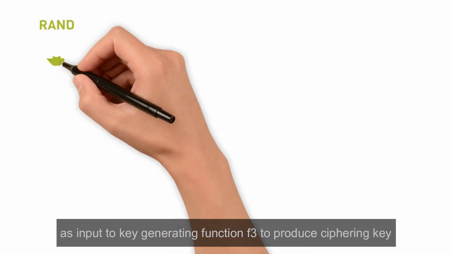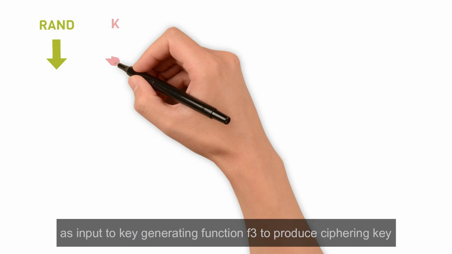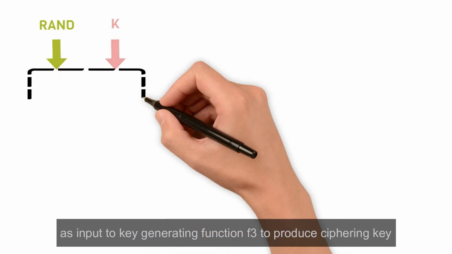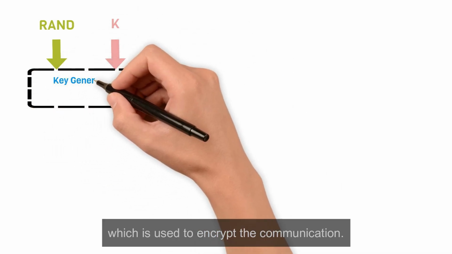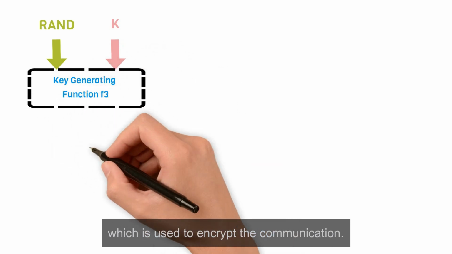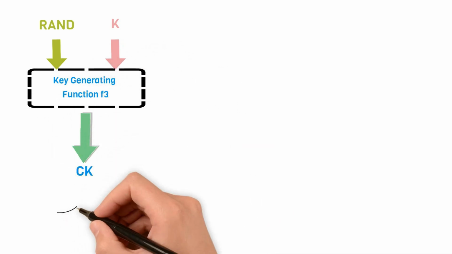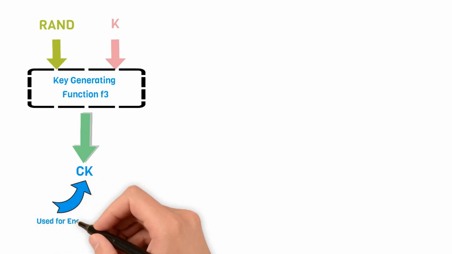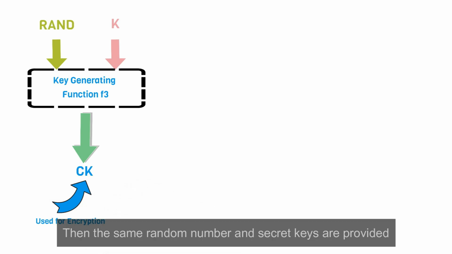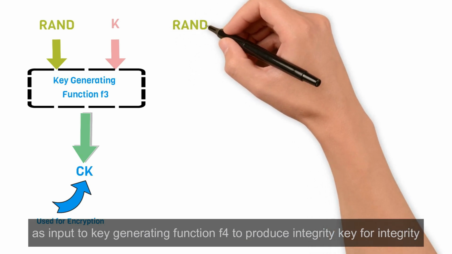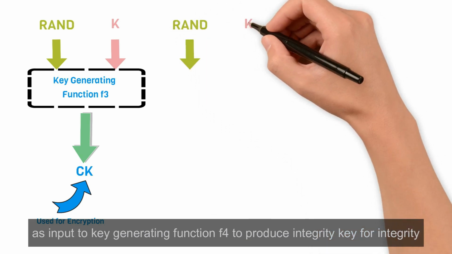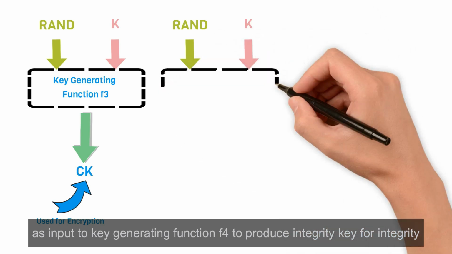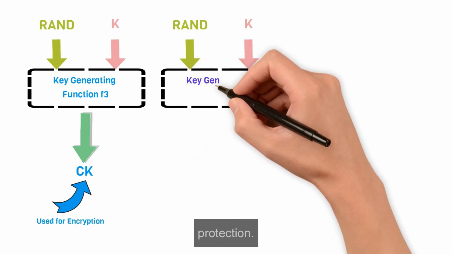Further, the random number and secret key are provided as input to key generating function F3 to produce the ciphering key, which is used to encrypt the communication. Then the same random number and secret key are provided as input to key generating function F4 to produce the integrity key for integrity protection.